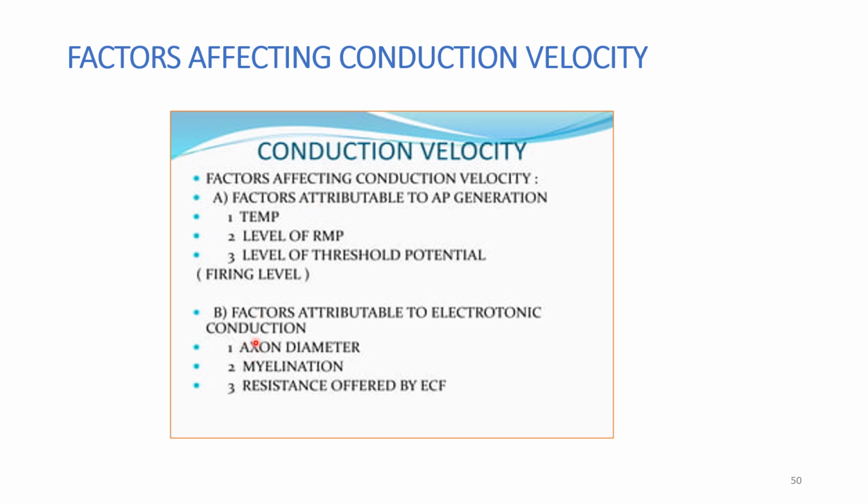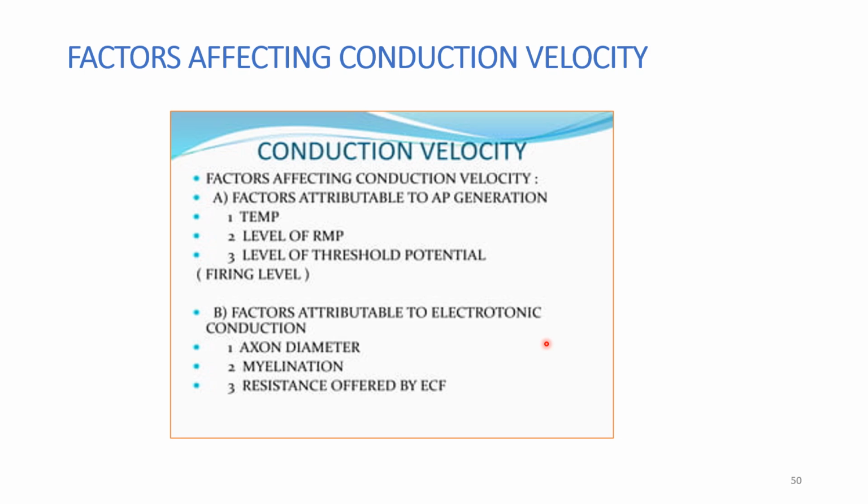Next, coming to factors attributable to electrotonic conduction. First one is the axon diameter, second one is the myelination, third one is the resistance offered by extracellular fluid. First one is the axon diameter. So, in an unmyelinated nerve fiber, the conduction velocity is proportional to under root of d, where d is the diameter of the fiber.